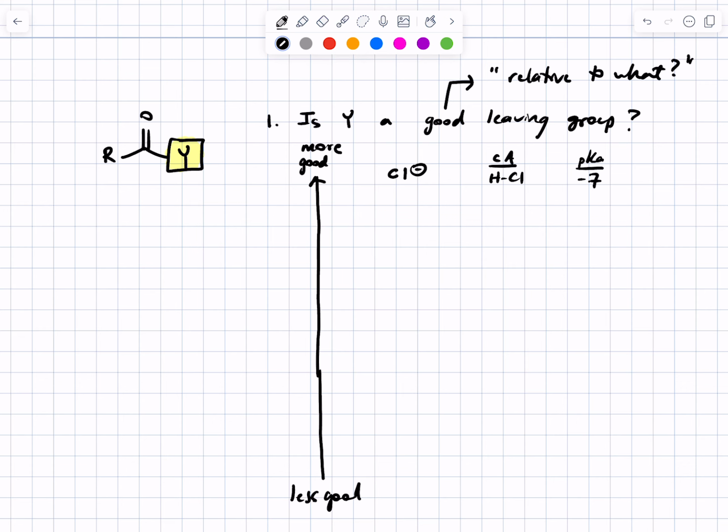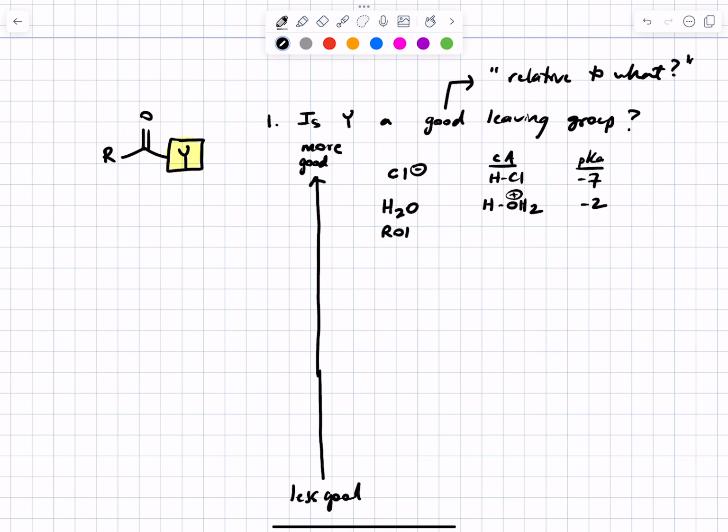Let's see, so also a good leaving group would be H2O, because its conjugate acid is H3O plus, with a pKa of -2.